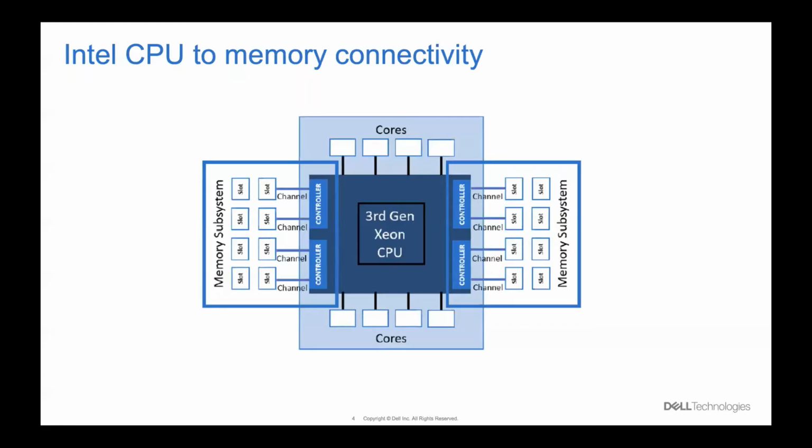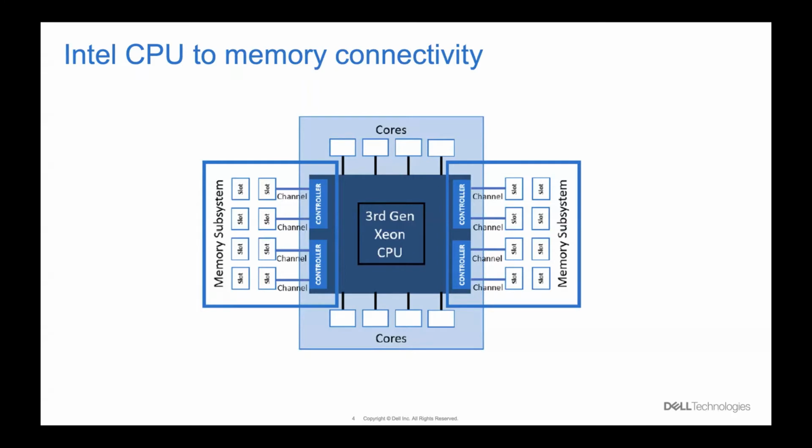The modern third generation of Intel CPUs nowadays have 4 memory controllers each with 2 channels, and in total it gives us 16 slots for memory.